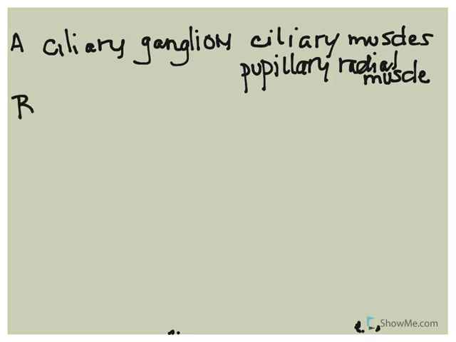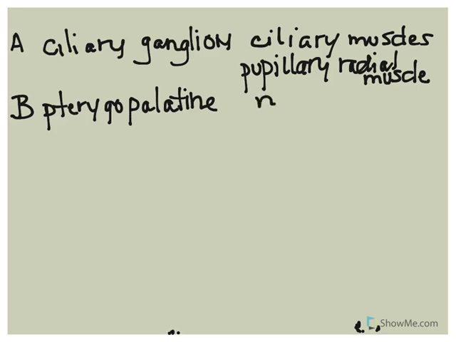Option B, the ganglion is referred to as the pterygopalatine ganglion. That's again associated with your facial nerve. And the pterygopalatine ganglion will have cell bodies of postganglionic neurons that will be targeting nasal glands and lacrimal glands.